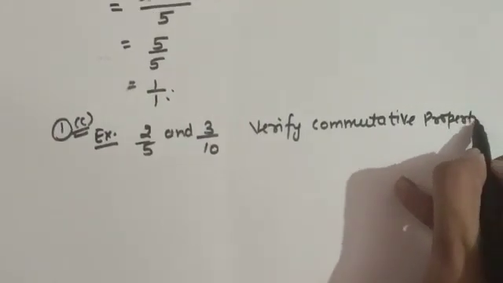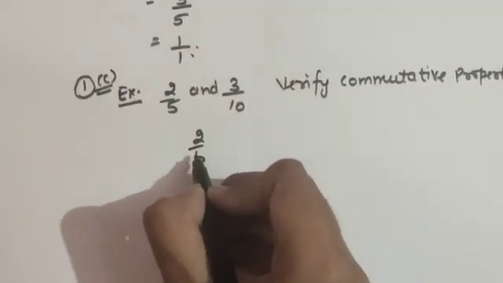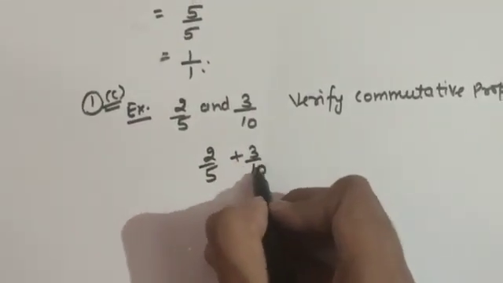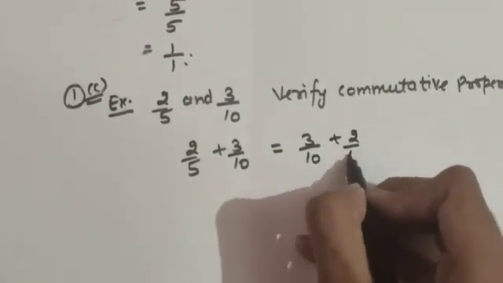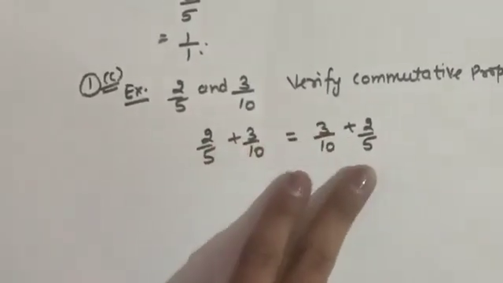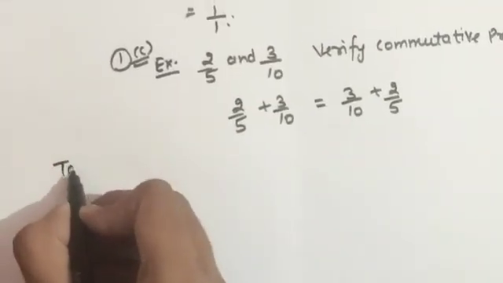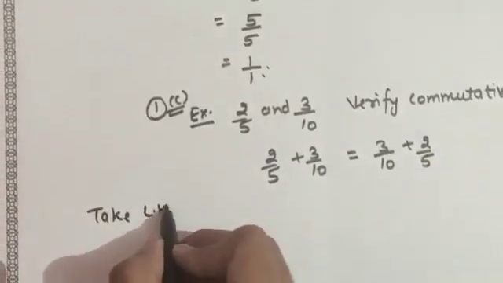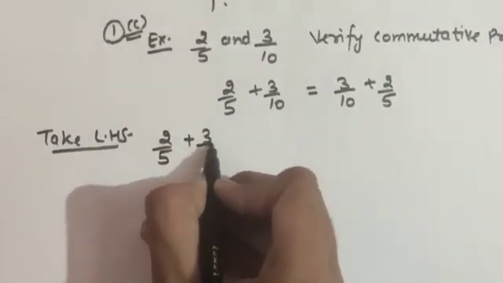I have explained that these can be added in any order. Means 2 by 5 plus 3 by 10 is equal to 3 by 10 plus 2 by 5. So we will prove that. First take the left hand side. The left hand side of this equation is 2 by 5 plus 3 by 10.